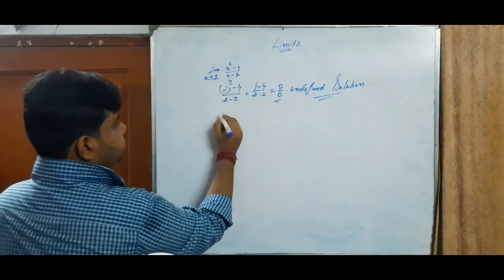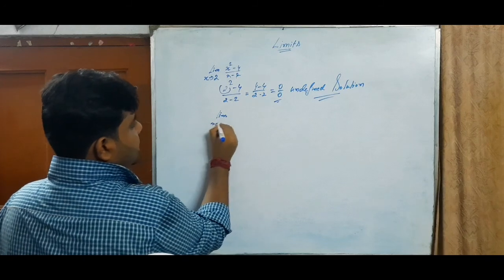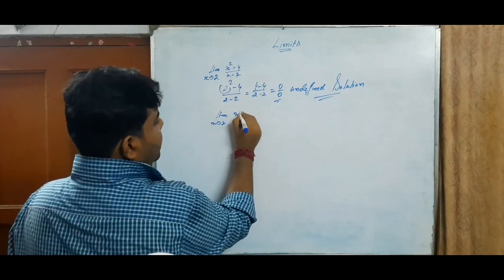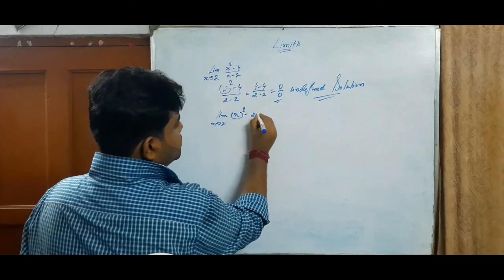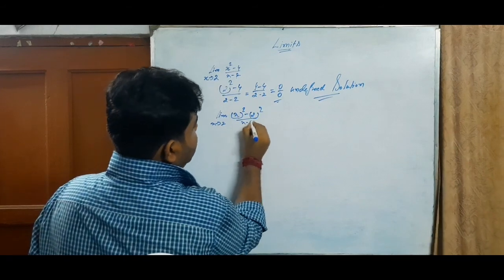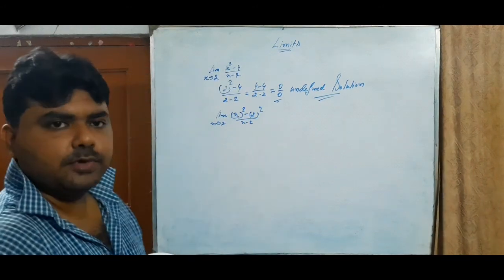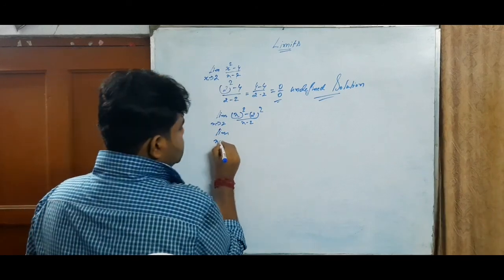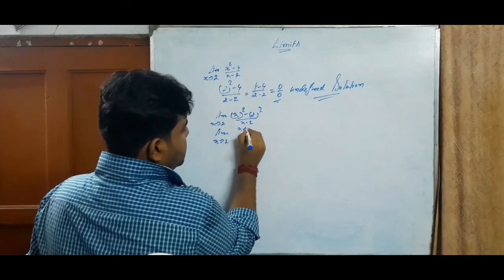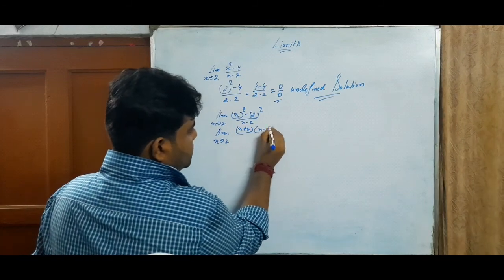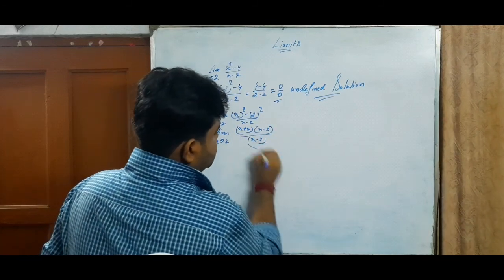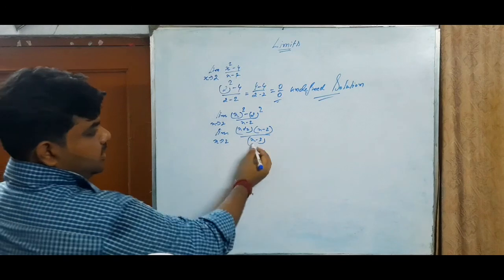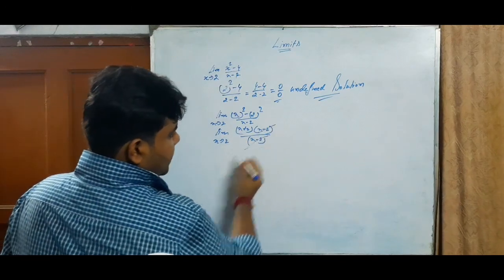Just see, limit x tends to 2, we can write x square minus 2 square by x minus 2, that is a square minus b square. What we can write? Limit x tends to 2, x plus 2, x minus 2 by x minus 2. Now see, the denominator gets cancelled out.